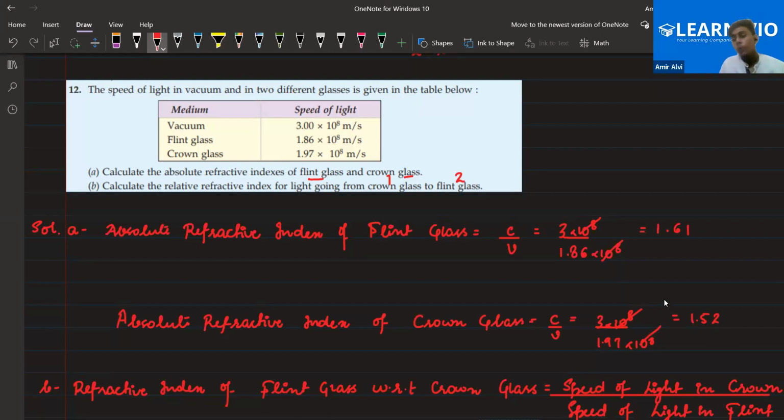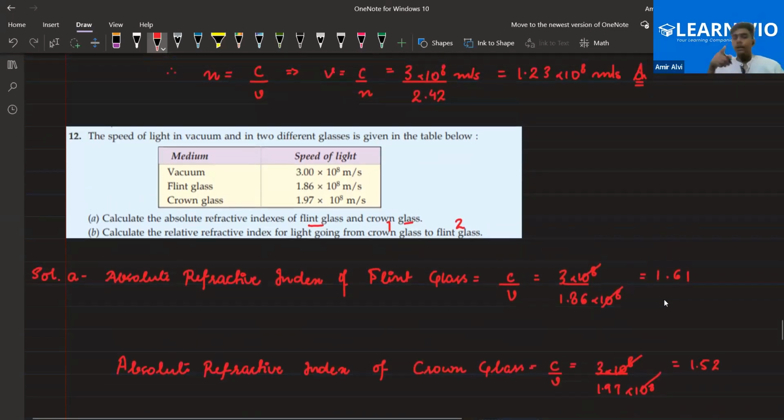Now tell me which one will refract the light more, flint or crown? Flint.